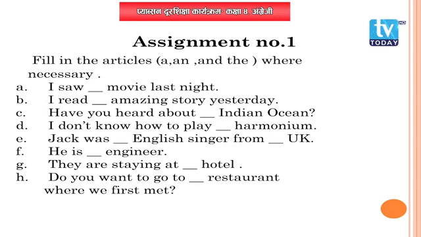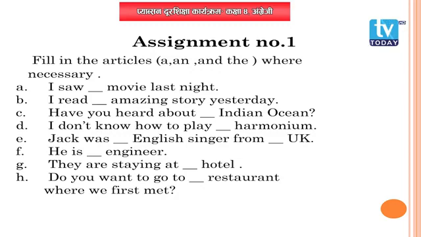So we write an amazing story. The next one is there. Have you heard about Indian Ocean? Just before, I provided the example along with the use of the article the. So children, you can write there, have you heard about the Indian Ocean?